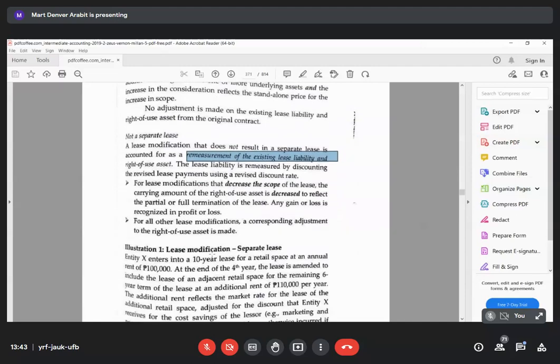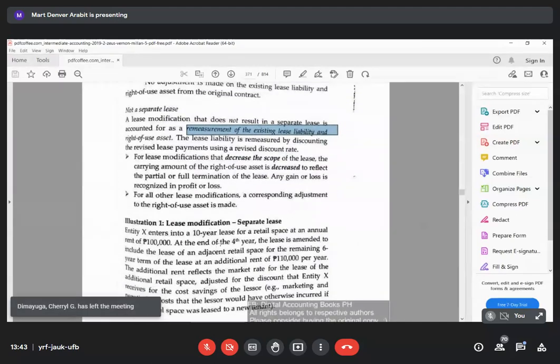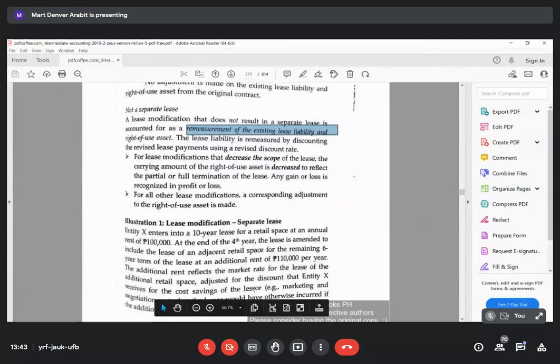So let us have an example of lease modification under separate lease. Entity X enters into a 10-year lease for retail space at an annual rent of 100,000. At the end of the fourth year, the lease is amended to include the lease of an adjacent retail space for the remaining 6-year term of the lease at an additional rent of 110,000 per year.